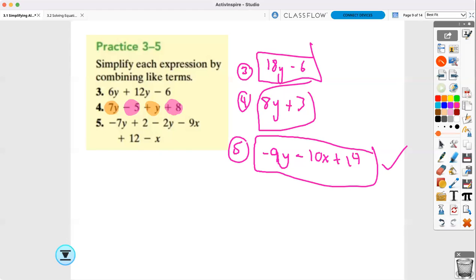Is it because you combine negative 7y and 2y, then you combine 2 and 12, because they're like terms, then simultaneously combine negative 9x with 1x? What kind of 1x? Negative 1x. There you go. And that gives us a negative 10 and so forth. That makes sense. All right, let's move on.